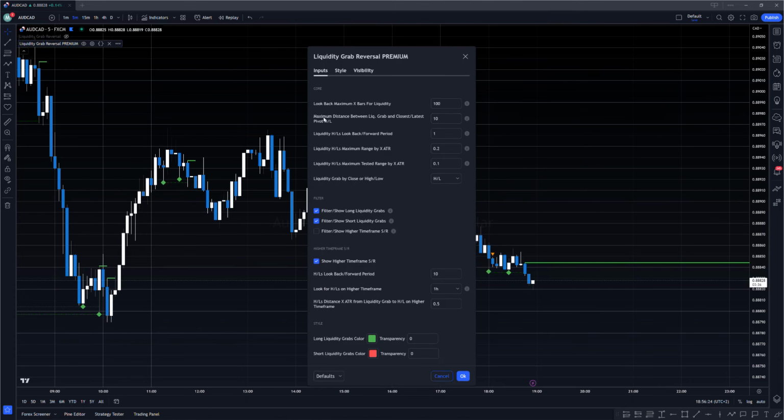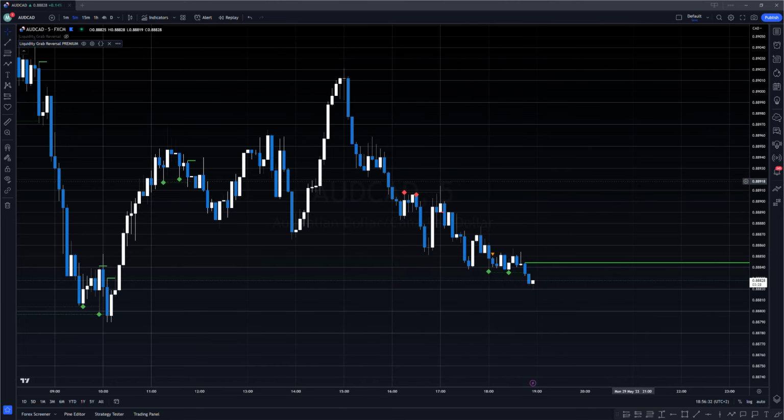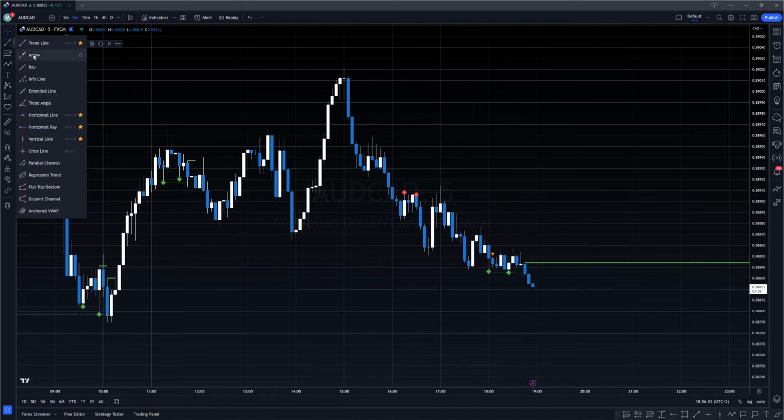Then the next setting is maximum distance between liquidity grab and closest latest pivot high low. If you want to find the best trades, the best way to do it is that you want to have liquidity grab and the last or the closest pivot high or low to be less than 10 candles.